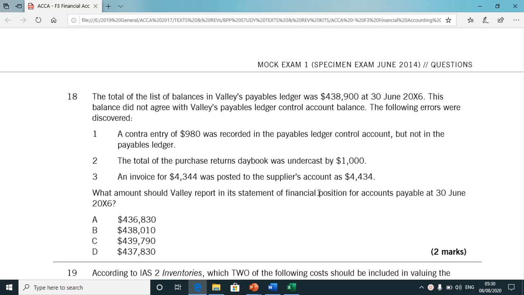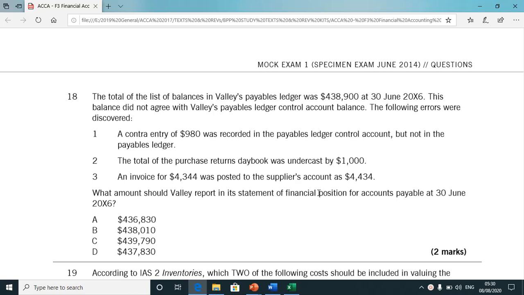Question 18 says the total of the list of balances in the payables ledger was 438,900 at 30th June 2006. This balance did not agree with the payables ledger control account balance. The following errors were discovered.